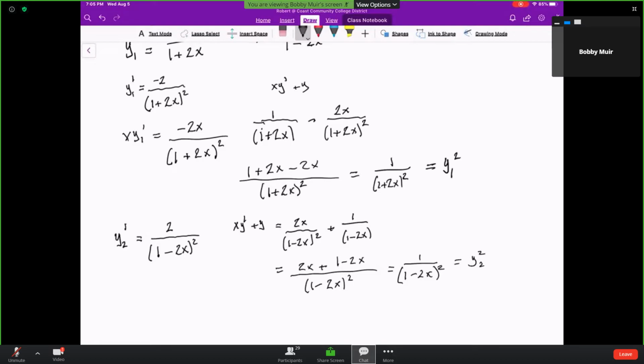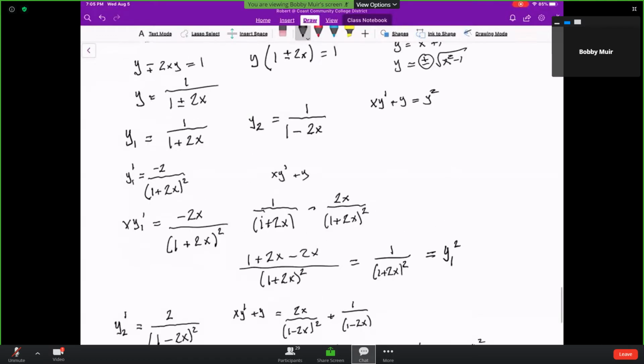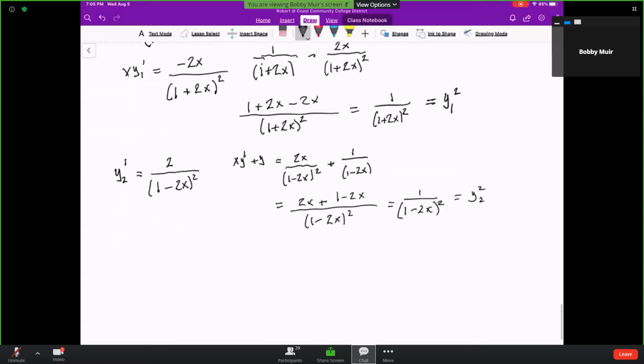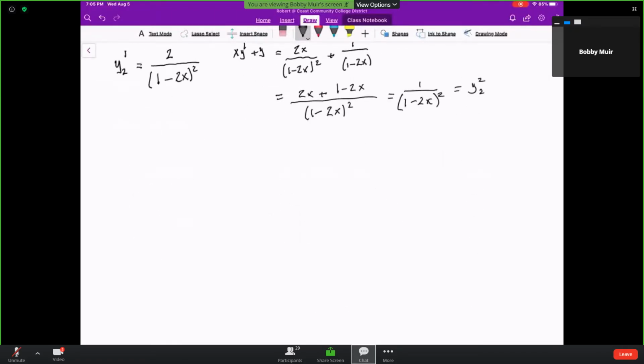Okay, so moral to the story: don't ignore the pluses and the minuses. Generally, we try to lose them whenever we can.